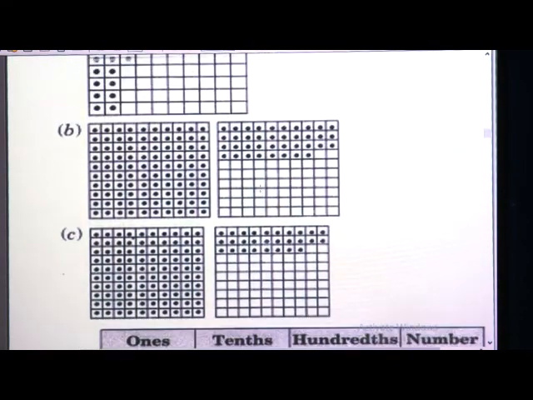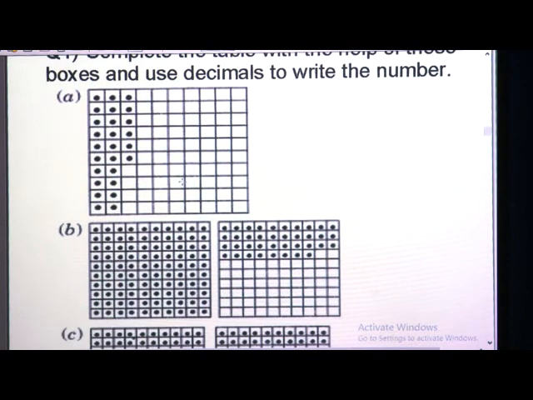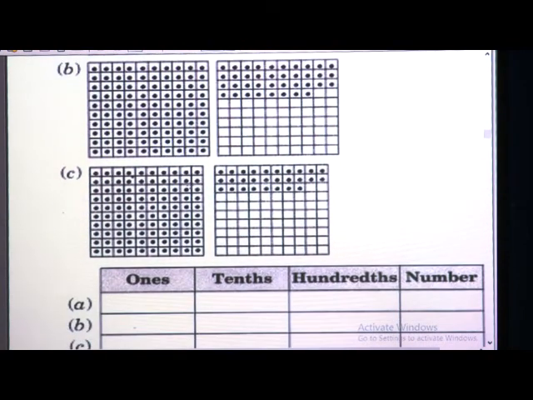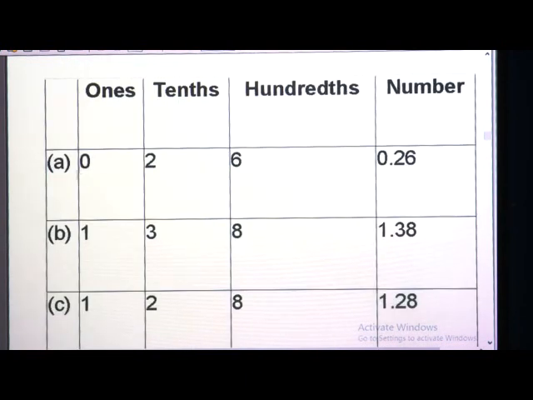See here, in box A, what do we have? In ones place we have 0, in tenths place we have 2, in hundredths place we have 6.